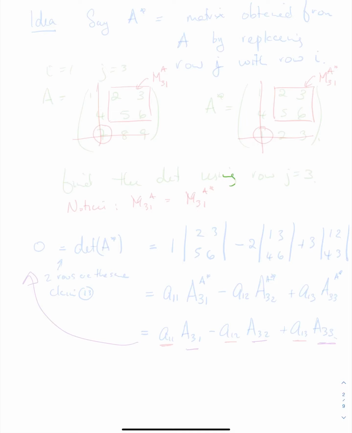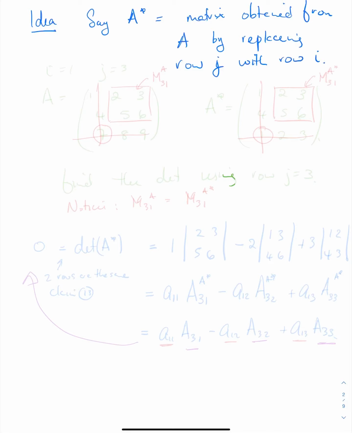Idea. I'm going to introduce something called A star. This is the matrix obtained from A by replacing row j with row i.